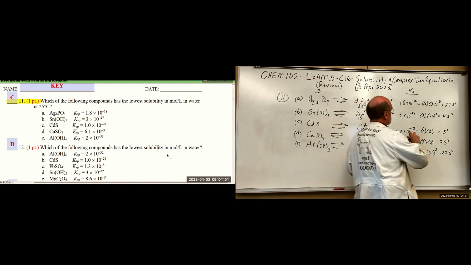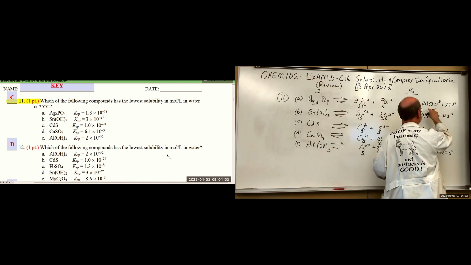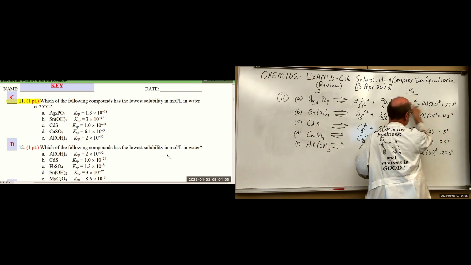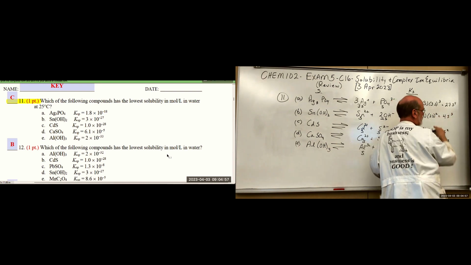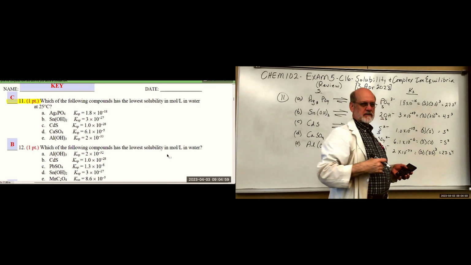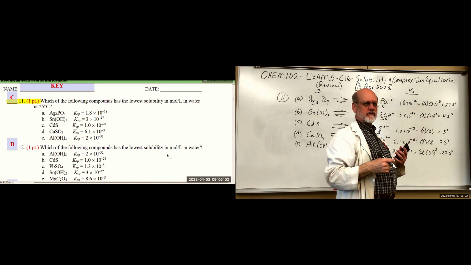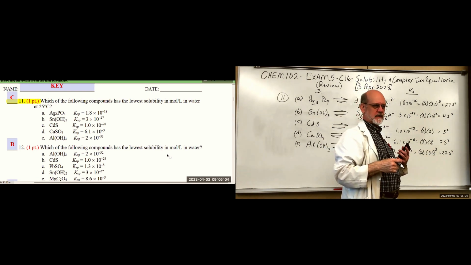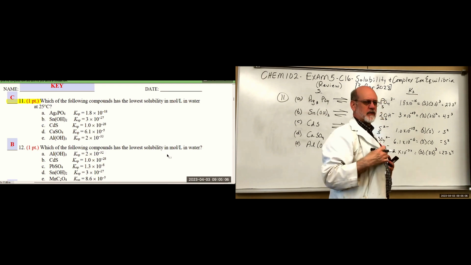In order to find out what s is, the solubility, we'll divide this one by 27 and take the 4th root of it. Did we do this last week? You know how to do the multiple roots in your calculators? I thought we did.